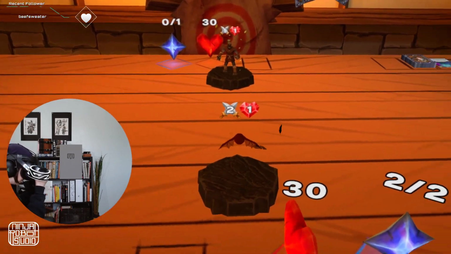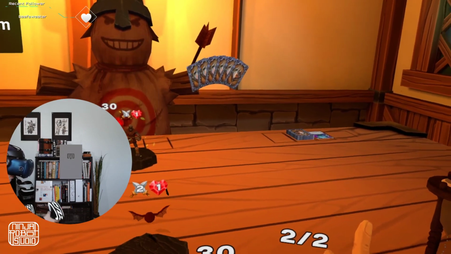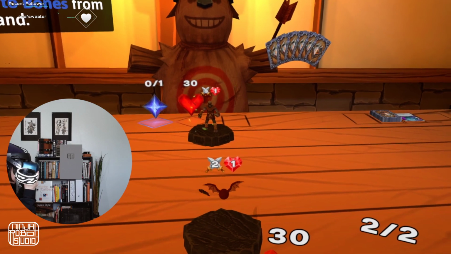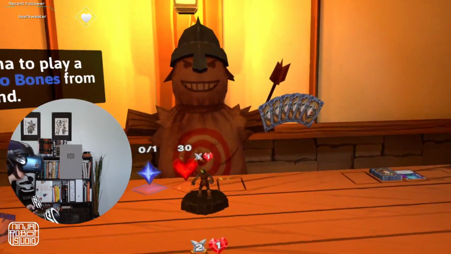Even though these are very bold font weights, they should be, and they're a good size.